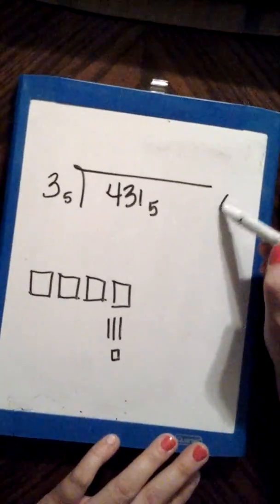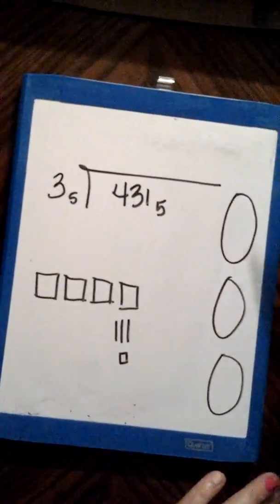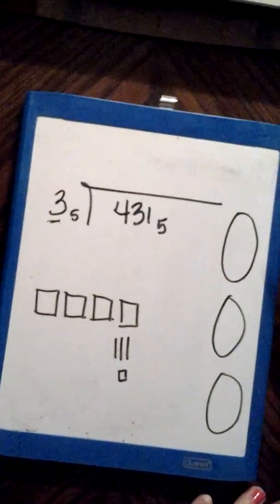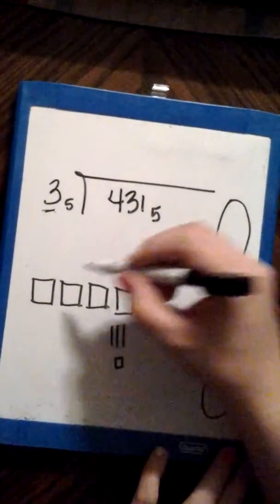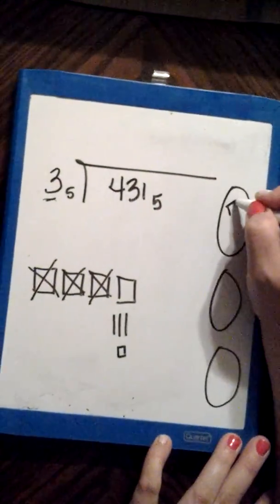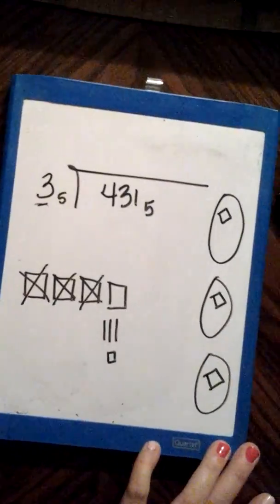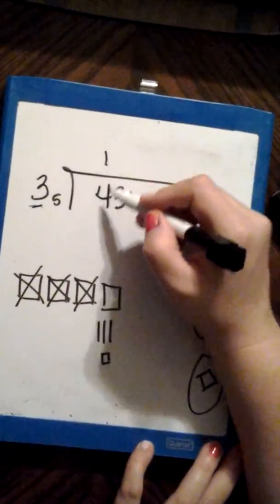I'm going to have to draw my circles over to the side. So I have my 3 circles there. That's how I get my 3 circles. I can put 1 flat in each circle. And I can also put a 1 over here.